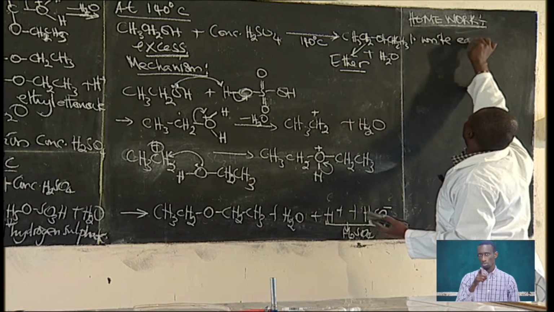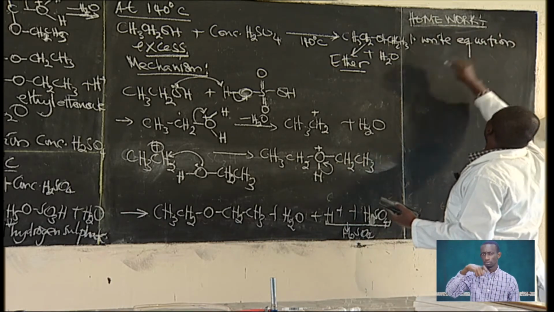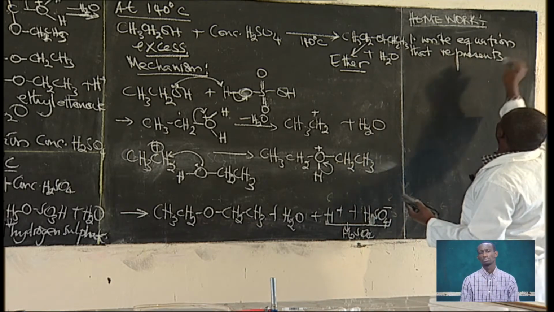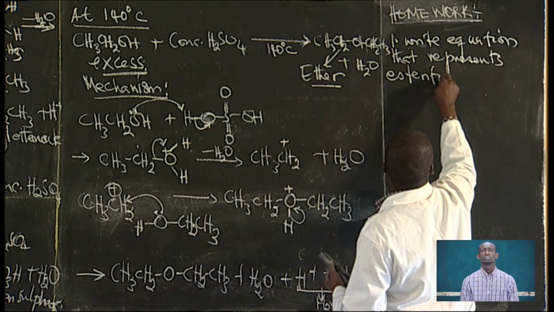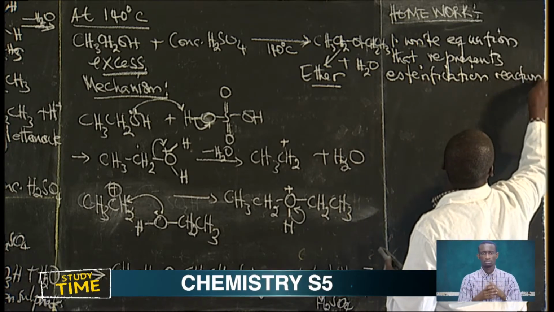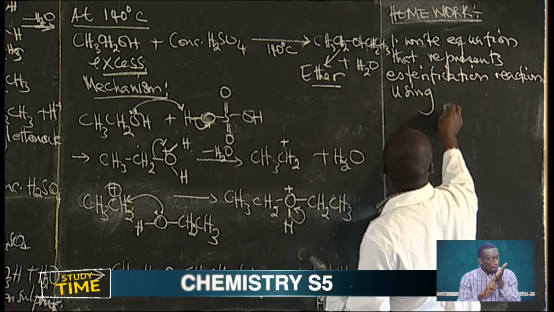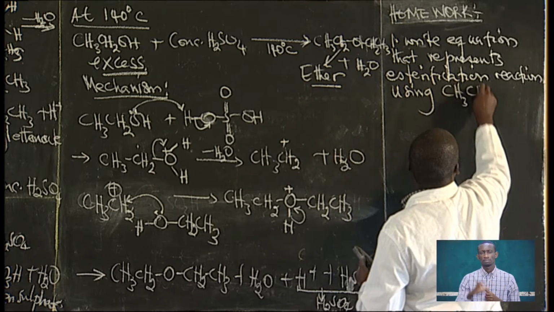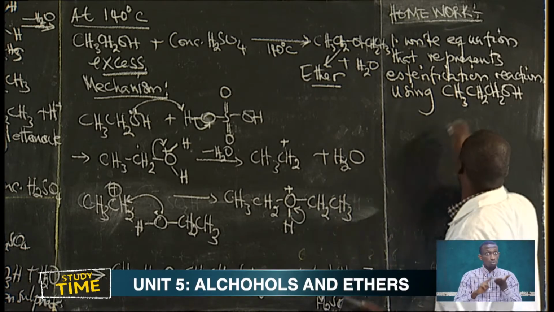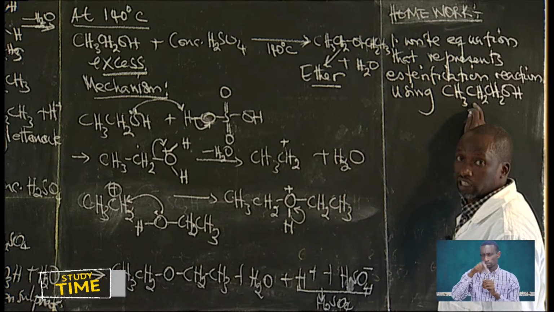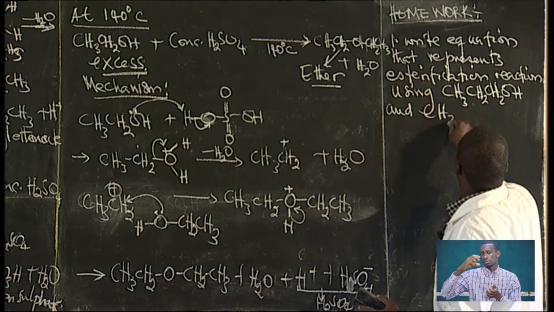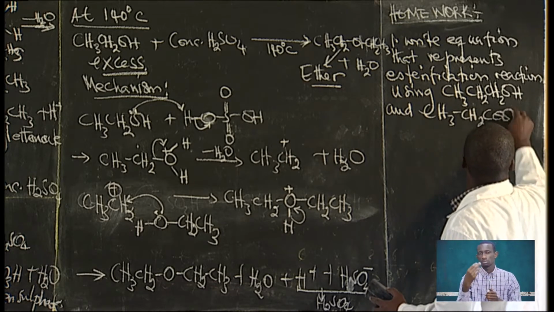Write an equation that represents esterification reaction using CH3CH2CH2OH as an example, this is propanol as an example of the alcohol, and CH3CH2COOH.